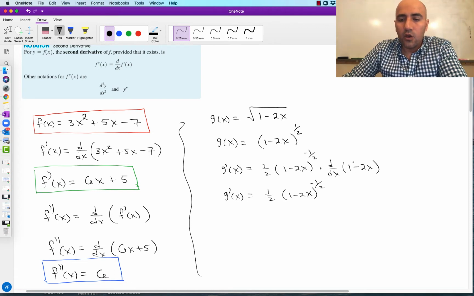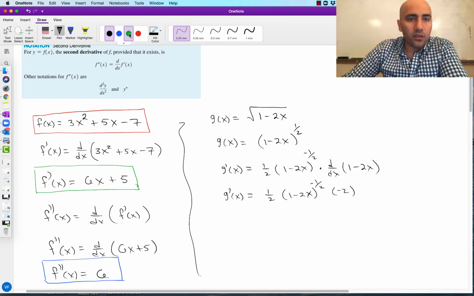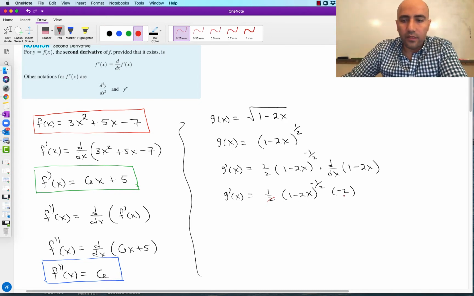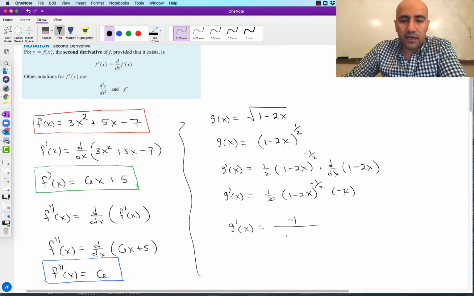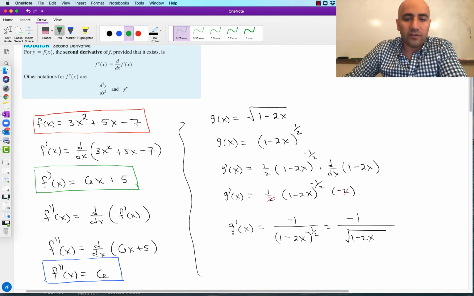And from here, we get an extra factor of negative 2, which luckily reduces with this 1/2. And so the whole thing will simplify to be a fraction where the numerator is just negative 1, and the denominator is 1 minus 2x to the power of positive 1/2, or negative 1 divided by the square root of 1 minus 2x. Either way, we have ourselves our first derivative.